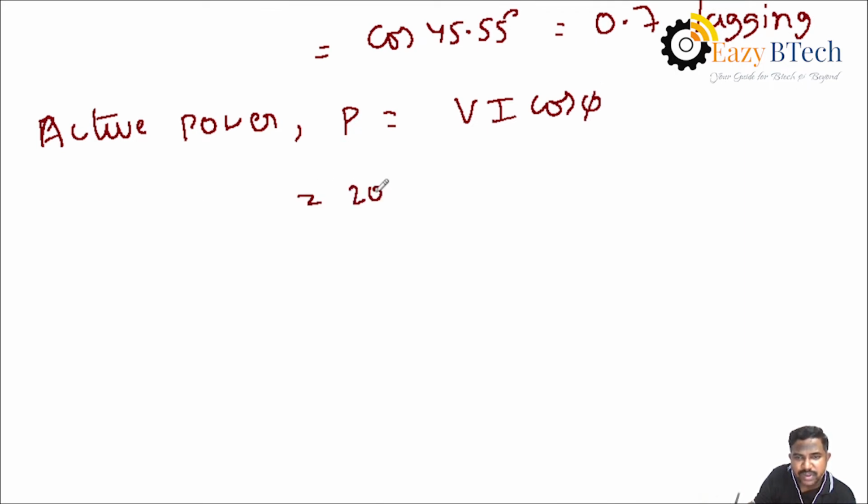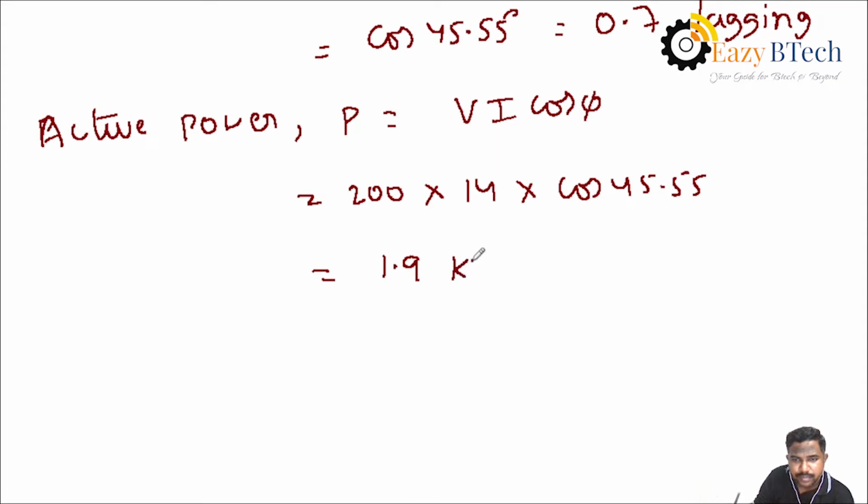We know the value of V is 200, into the value of I, that is magnitude 14, into cos of the angle. We know that is 0.7, or we can write down the cos of 45.55. Hence, we can find out the active power is 1.9 kilowatts. This is the value. You can simplify.